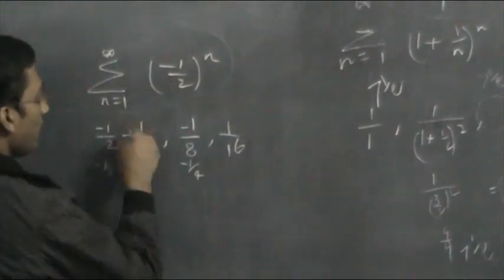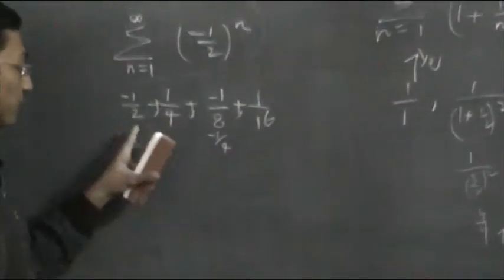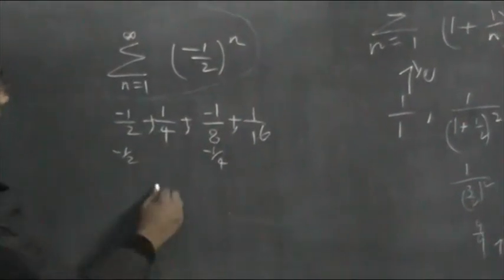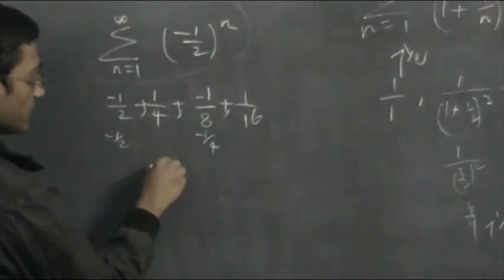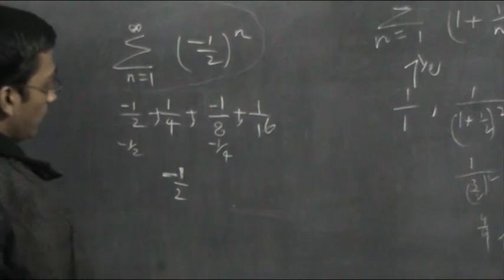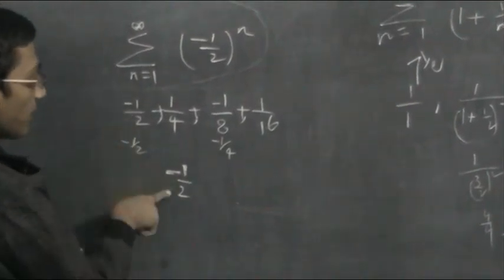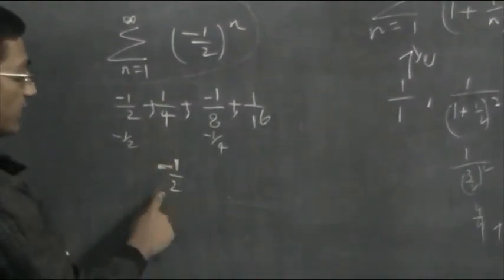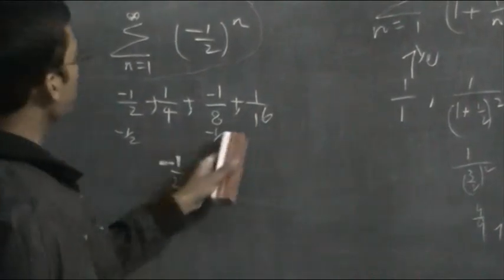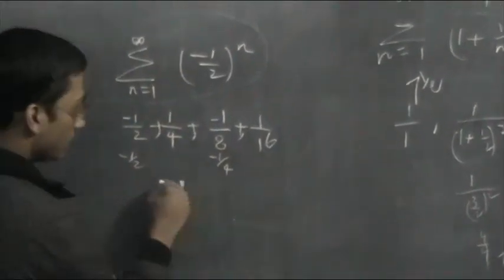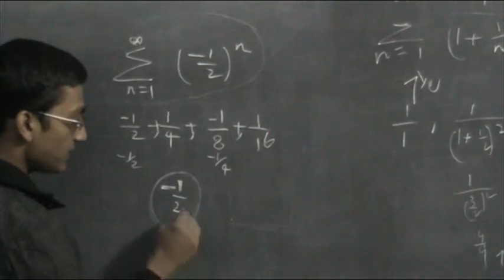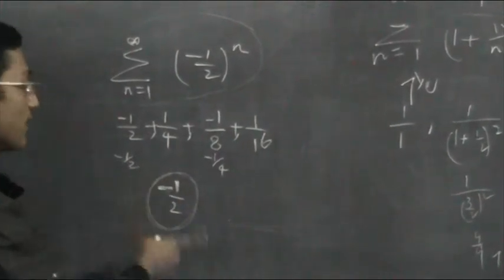If we add everything, what we find is this is a geometric series where the common ratio is minus 1 by 2. If we multiply this by minus 1 by 2, we get this. We multiply this by minus 1 by 2, we get this. And the common ratio is between minus 1 and 1.